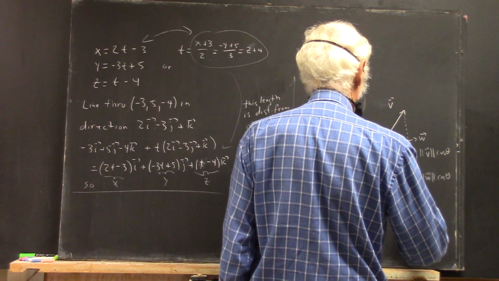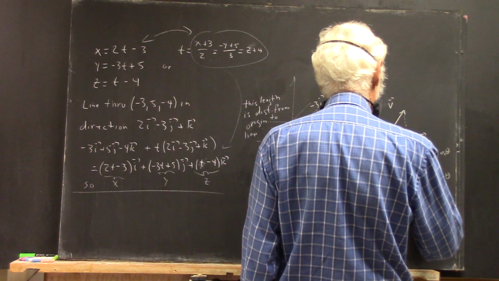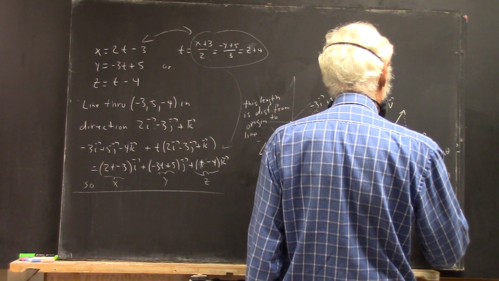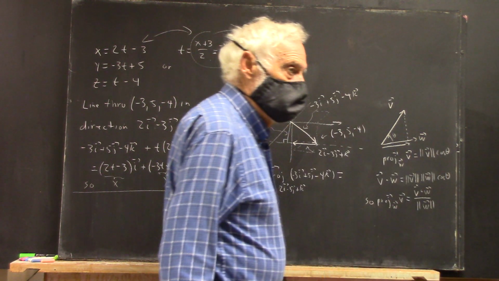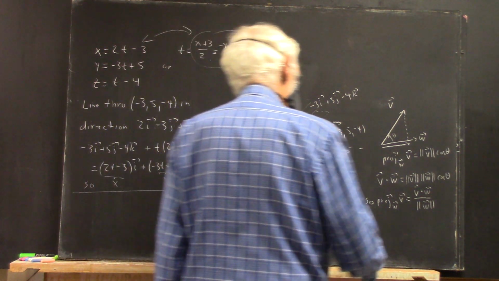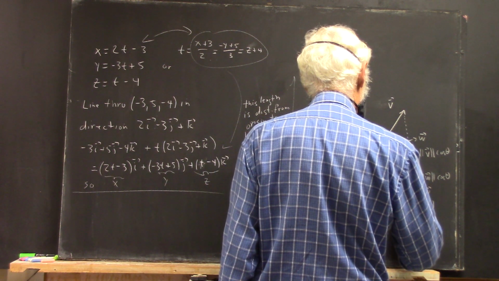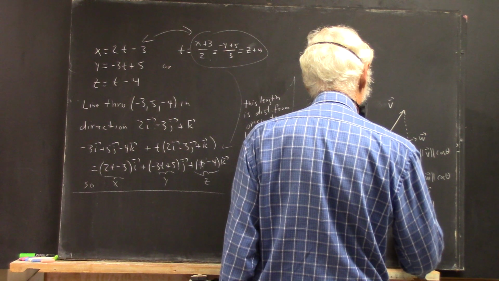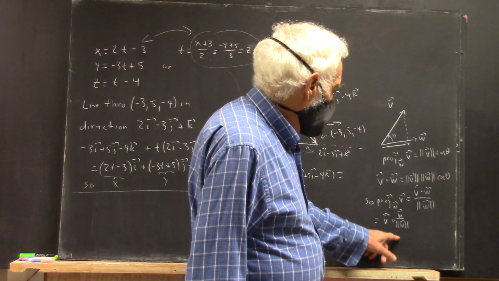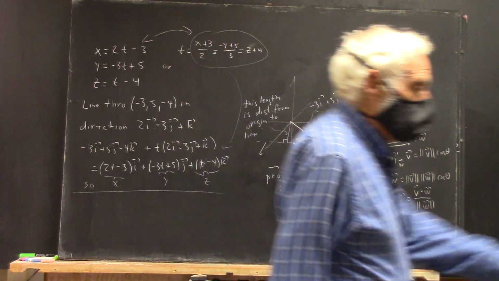So projection of v on w is just v dot w over the magnitude of w. Okay? Another way to look at that is v dot w over the magnitude of w. In other words, you reduce w to a unit vector, and then just do the dot product.